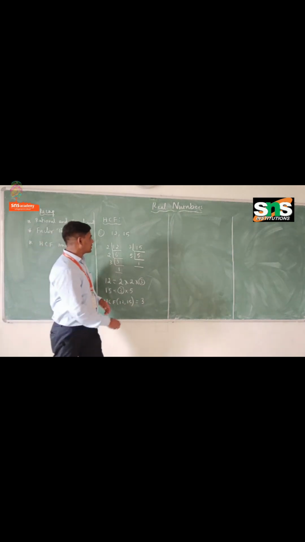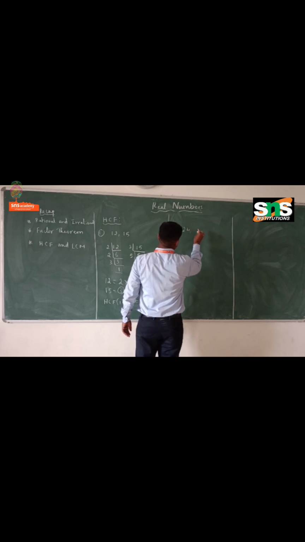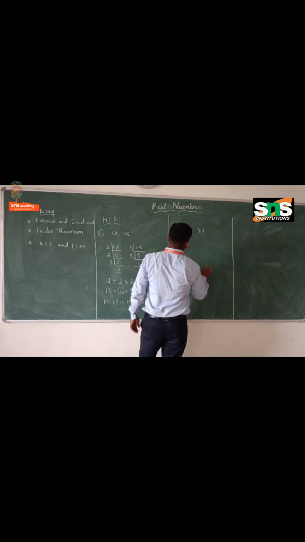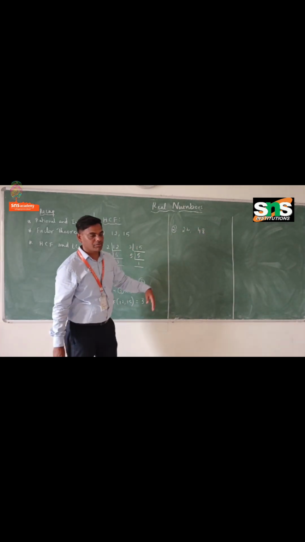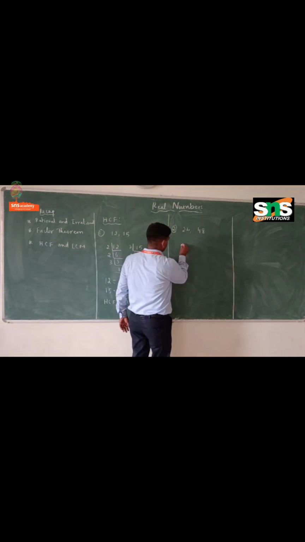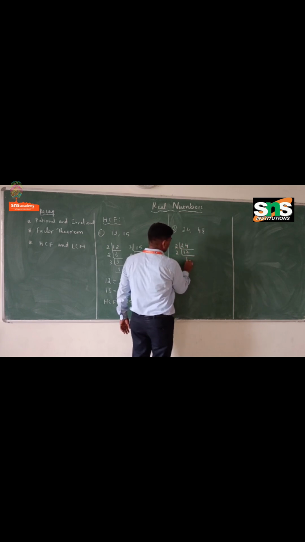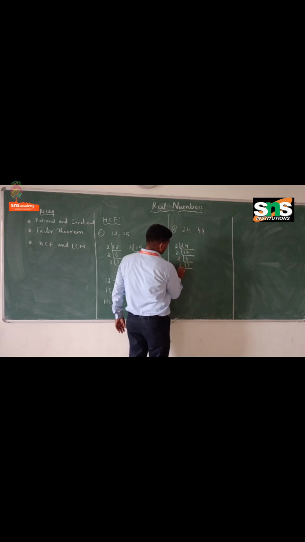Based on this, next we'll see the numbers 24 and 48, and find the common factor. It's the same prime factor method. For 24, the 2 table comes 12 times, again the 2 table comes 6 times, the 2 table comes 3 times, and the 3 table comes 1 time.